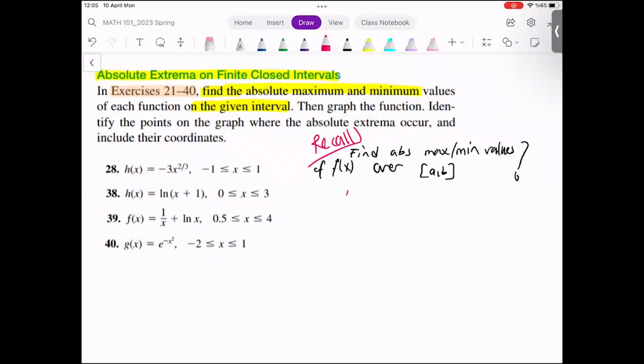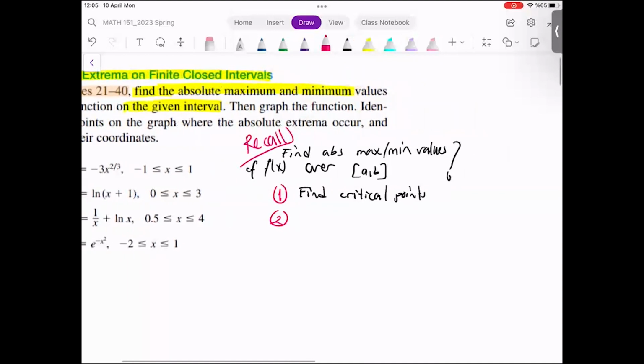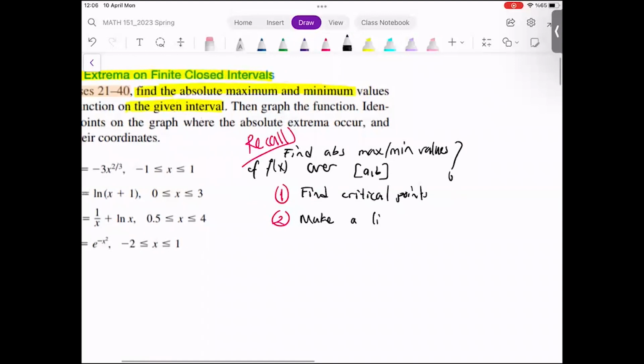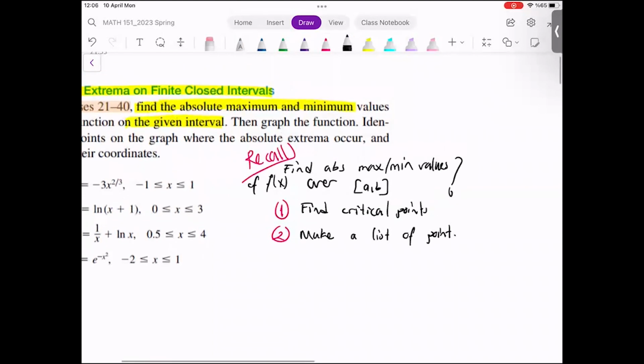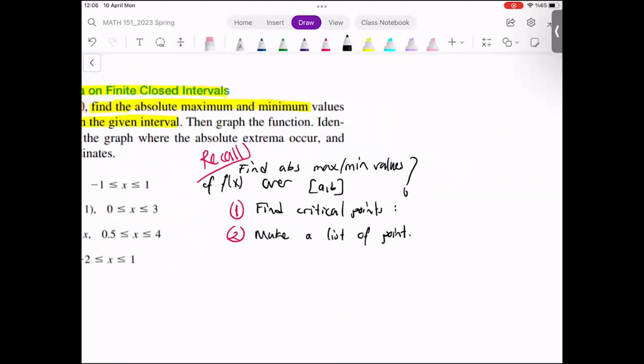Here are the steps. First, we will find critical points. Second, we will make a list of points. By the way, how do we find critical points of a function? We will compute the first derivative and equate it to 0, or we will look at the points where the first derivative is undefined.